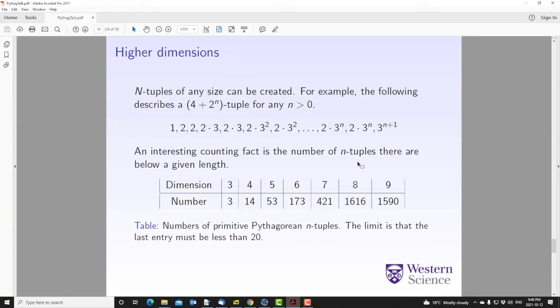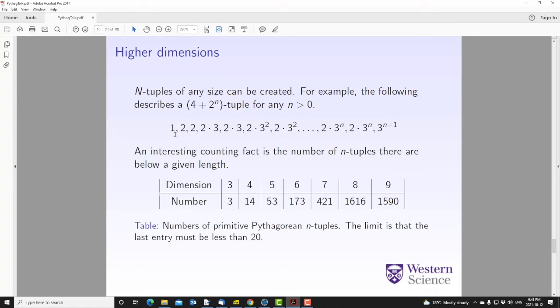And then we move on to higher dimensions. It turns out that you can make Pythagorean n-tuples of any size. One entertaining example is to take the idea of chaining together more elementary tuples into an infinite array.